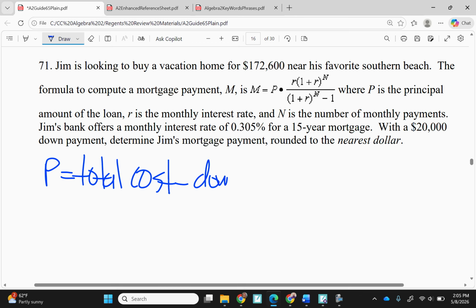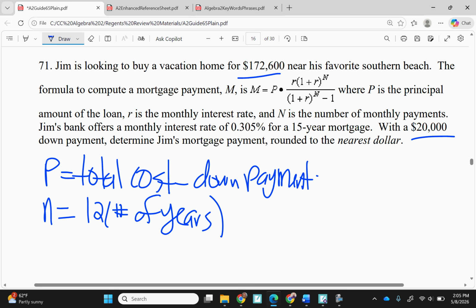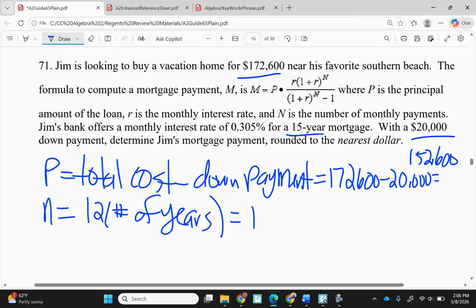So if his home is $172,600 and he has a $20,000 down payment, then P is going to be 172,600 minus 20,000. That is 152,600. N is 12 times the number of years, so it's a 15-year mortgage, so it's 12 times 15, which is 180.